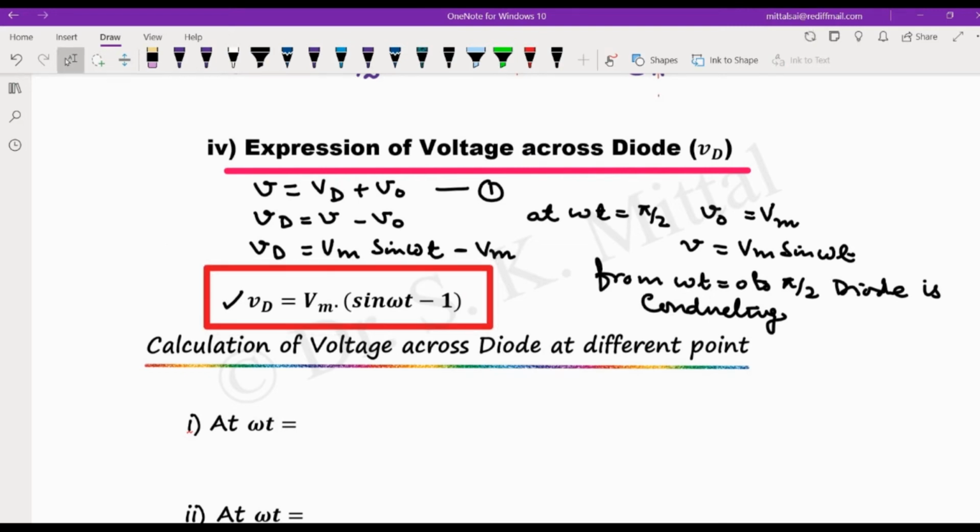First of all, we will consider the voltage across the diode at omega t is equal to pi by 2.